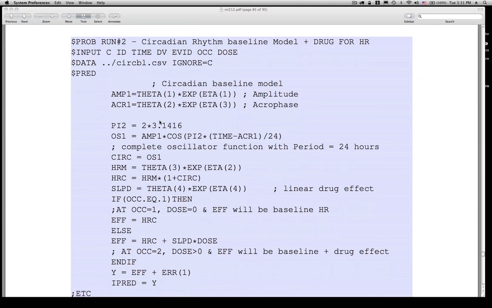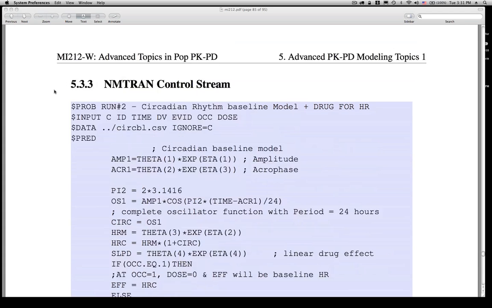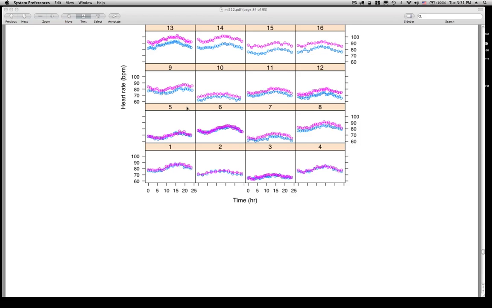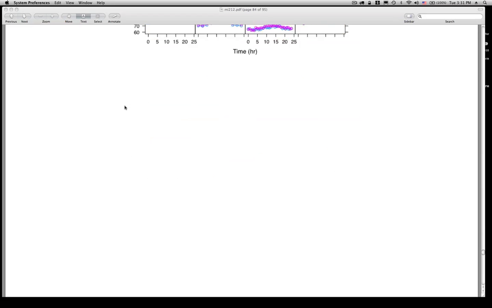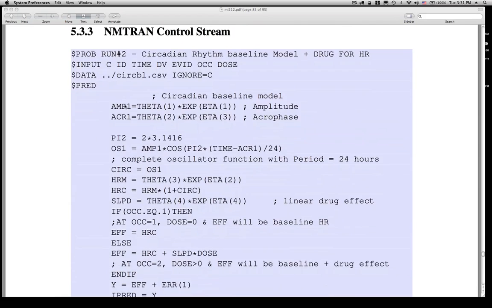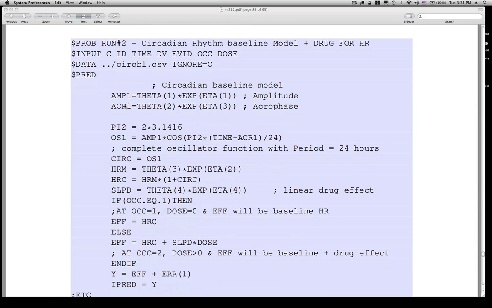So if that's what the data looked like, how would you model that? The challenge now is to first set up a baseline that changes over time. And we're going to assume this particular design, which was extensively sampled. Look at all the data points that are sampled here. So time in the data set is a small interval of time.